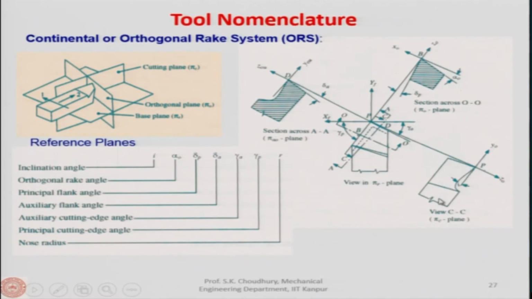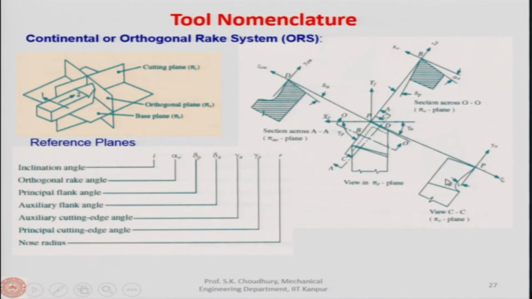So, this is the tool which is shown. CC means that if we look at the tool from here, perpendicular to this, from the top, in the sense that perpendicular to the principal cutting edge, you can actually see this view.